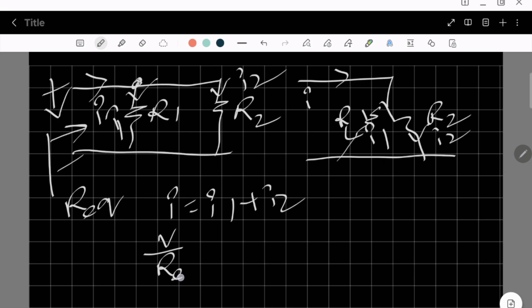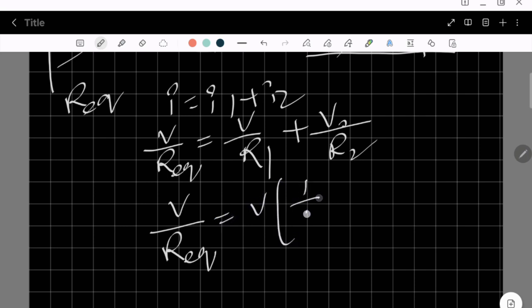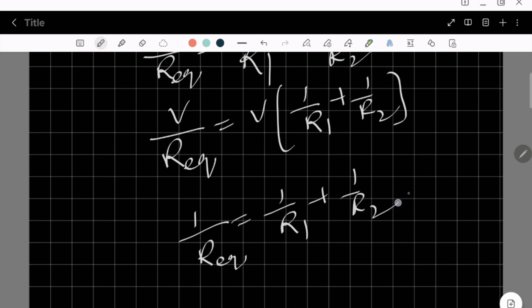V by R equivalent. That is equal to I1, which is V by R1, plus I2, which is V by R2. So V by R equivalent can be written as V times 1 by R1 plus 1 by R2. From this we can tell 1 by R equivalent is equal to 1 by R1 plus 1 by R2.